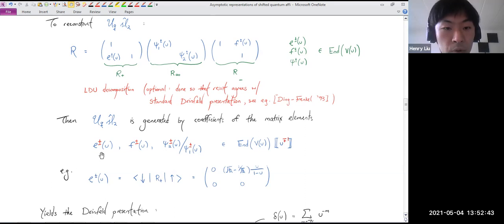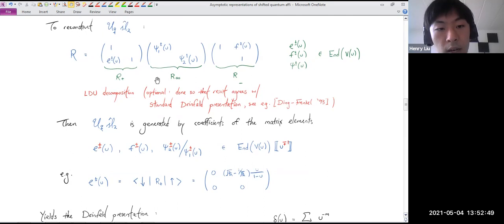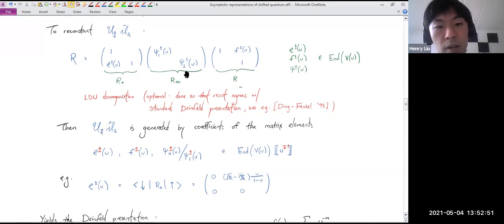We need to take coefficients of both. The second thing is that if you just use psi1 and psi2 individually, you get UQGL2 hat. And if you want SL2 hat, you have to take the coefficients of psi2 over psi1, as you would expect.